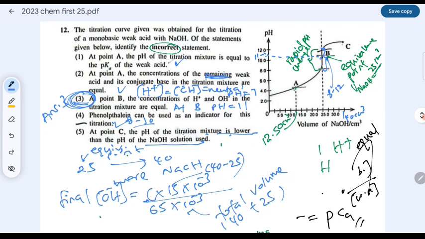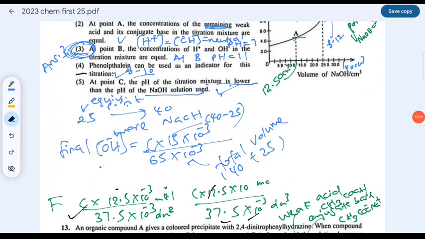So the pH of the titration mixture is lower than the pH of the sodium hydroxide solution used. Right? Now here the final OH minus concentration is lower.